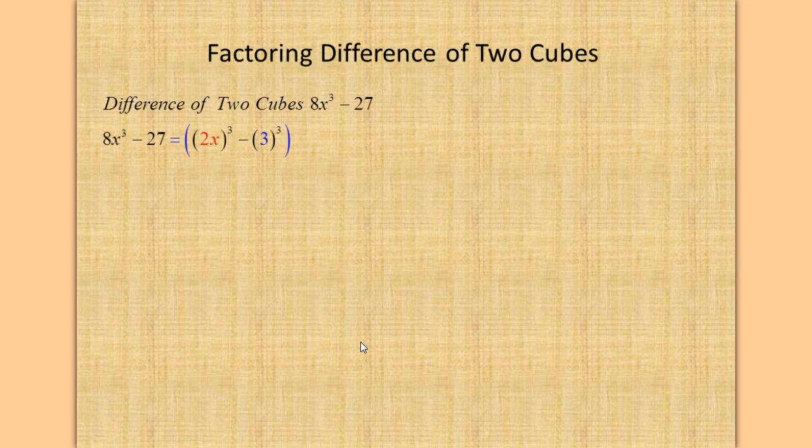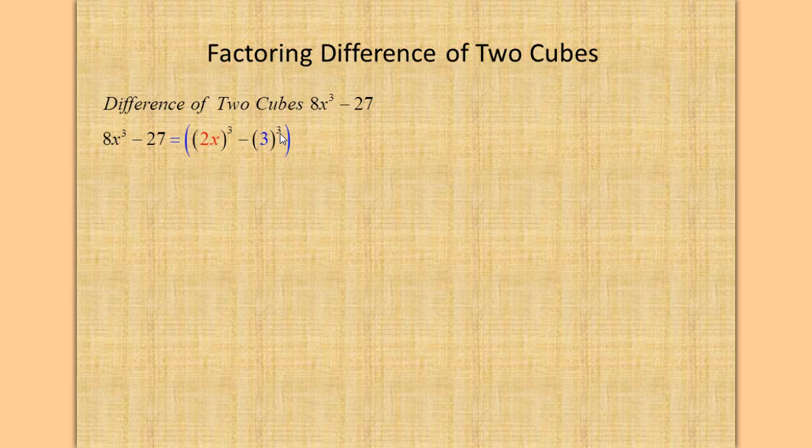Okay. Factor the difference of two cubes. Let's take the example 8x cubed minus 27. We write each term as a cube. 2 raised to the power of 3 is 8: 2 times 2 is 4, 2 times 4 is 8. And x raised to the power of 3 is x cubed.